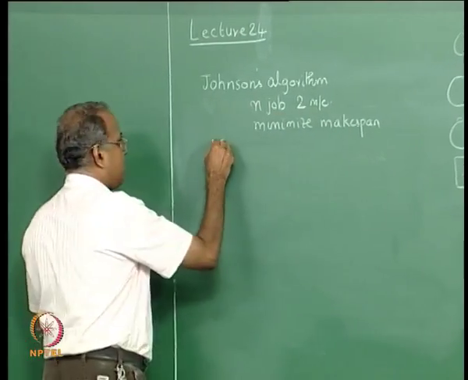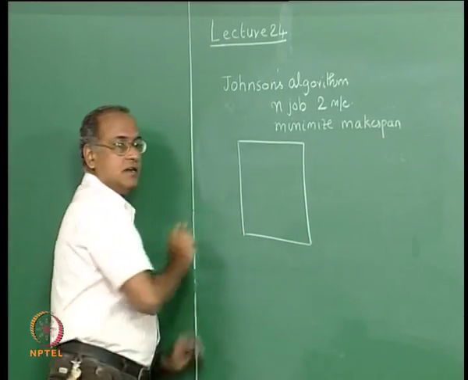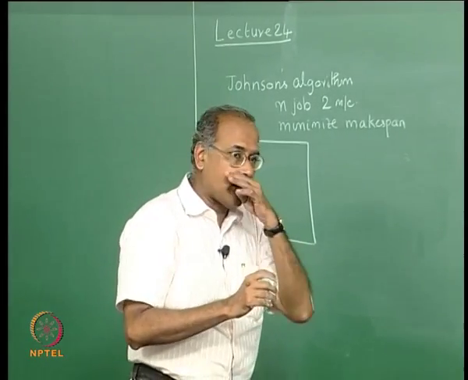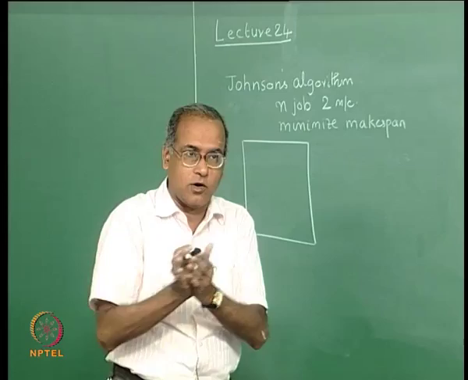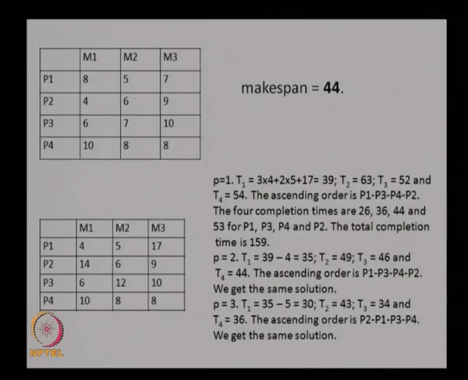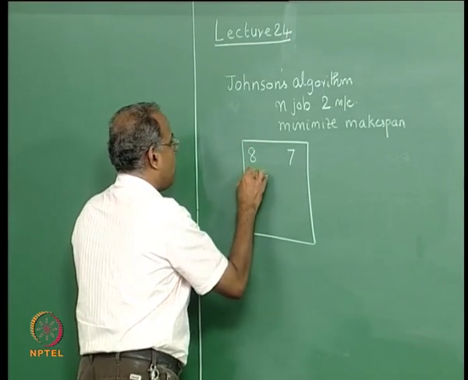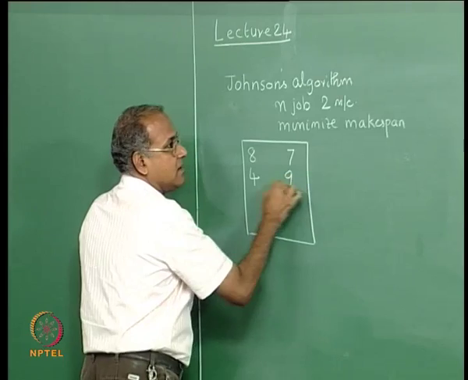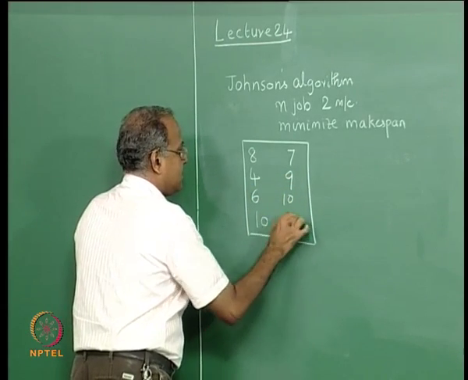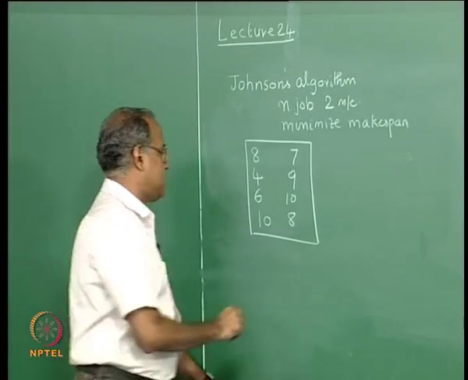So, we now solve for 1 and 3, which means I am going to assume, for the purpose of the solution alone, that I am looking at 1 and 3. My times will be 8, 7, 4, 9, 6, 10 and 10, 8. Now, I solve a Johnson problem out of this.